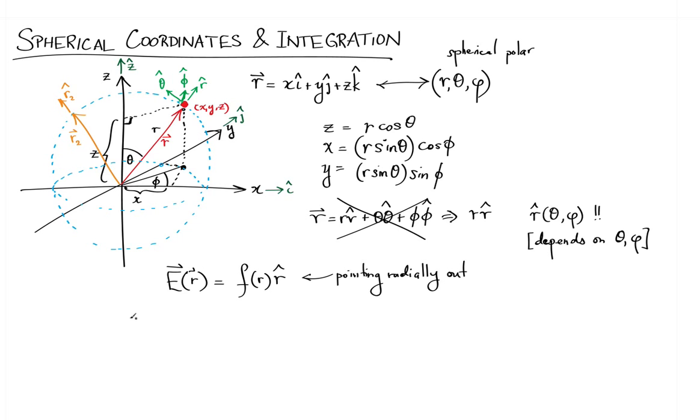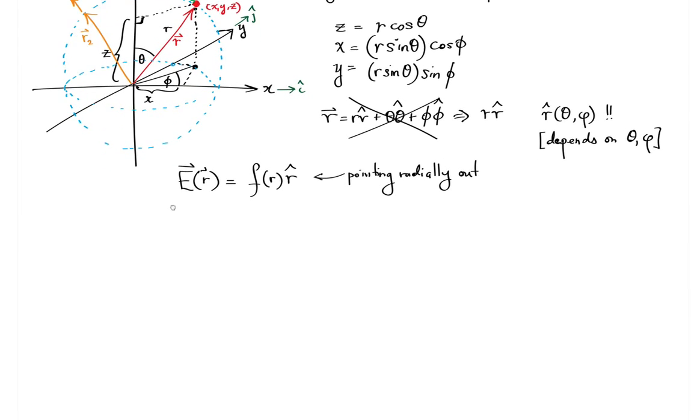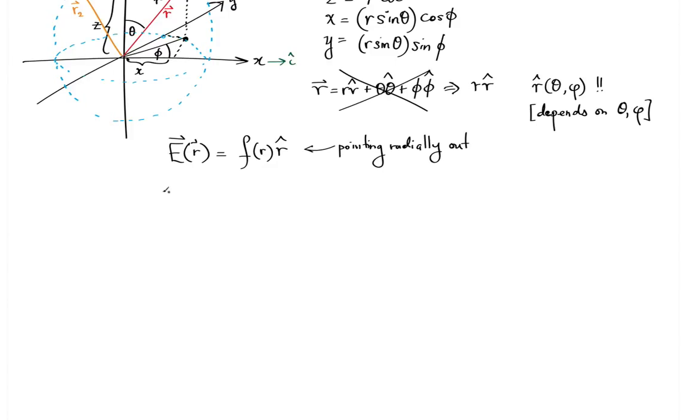So now I'm going to talk a little bit about how we would do integrals in spherical coordinates. If we have a problem that has spherical symmetry, it's a much more natural and easier way to evaluate things. You could do it in Cartesian if you really wanted to. You would have to do some sort of parametric integral where you set your bounds of x, y, and z depending on where you are in space, and that's quite a bit of a pain.